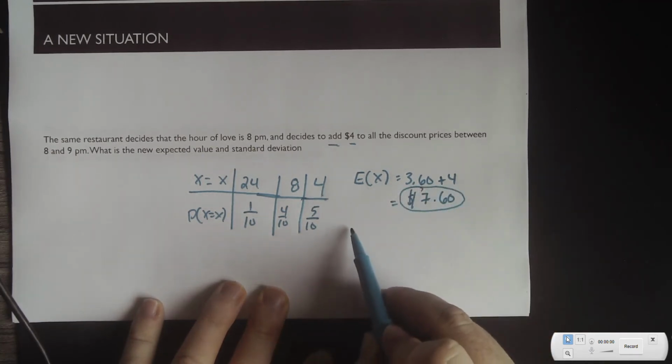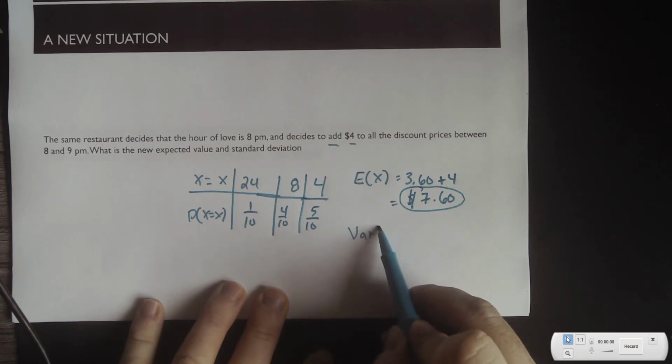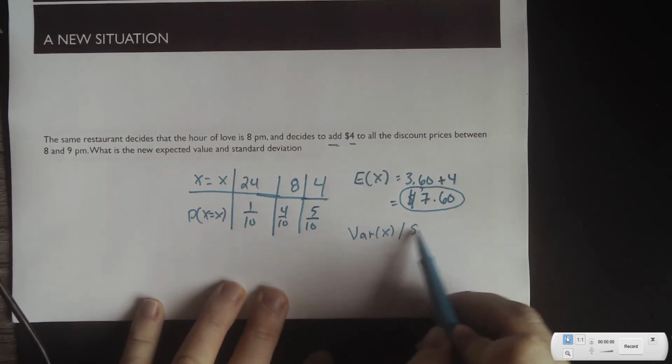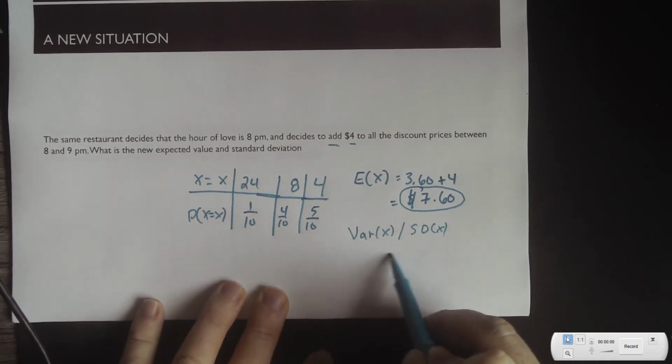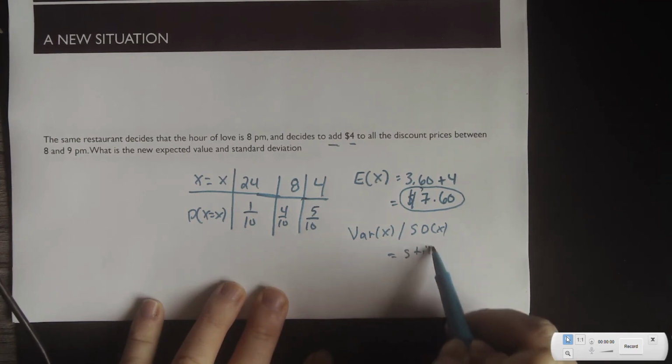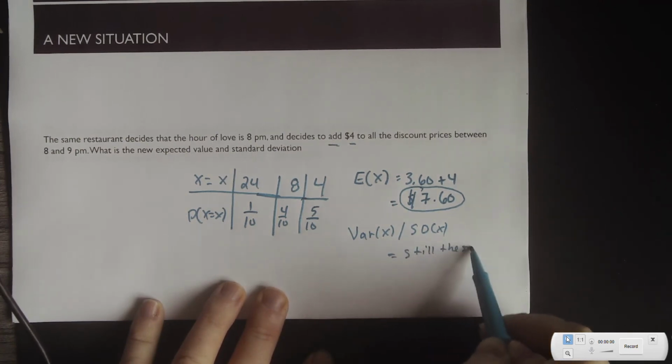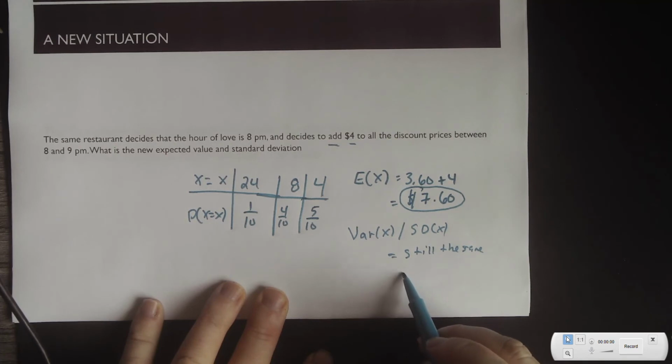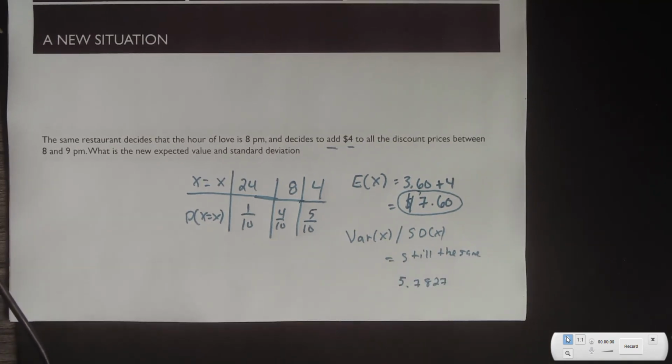Now what happens to the variance and the standard deviation? Well, they're still the same. So I'm just going to rewrite the standard deviation down here, which was 5.7827. The reason why they're still the same is because standard deviation and variance represent a distance.